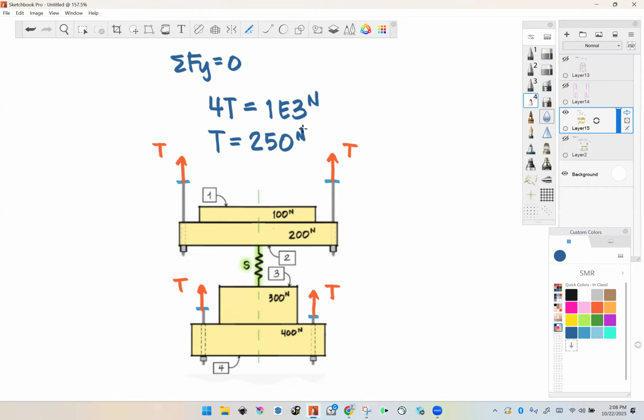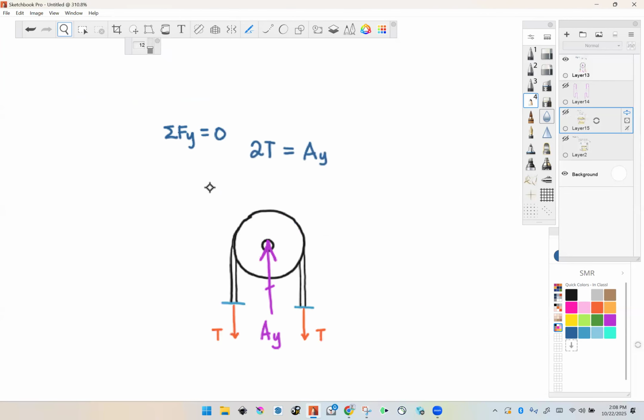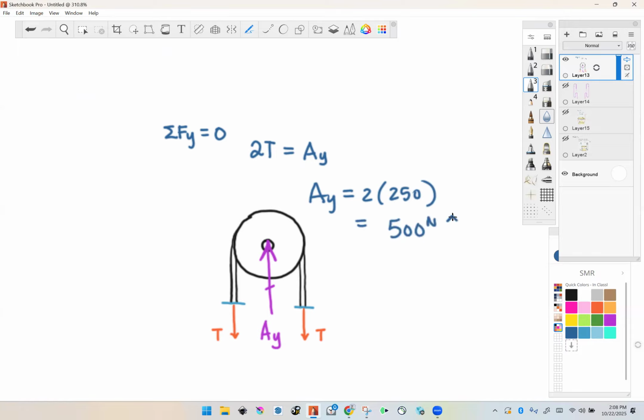We can take that 250 newtons and plug it back into this equation to get to the answer really quickly. So A sub y is 2 times 250 equals 500 newtons upwards. Okay, so that's our final answer.